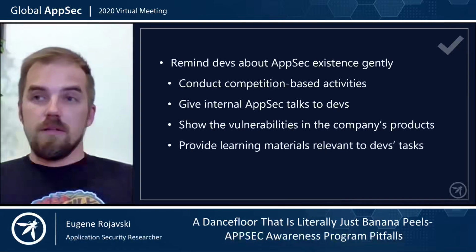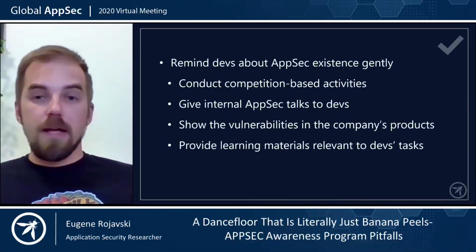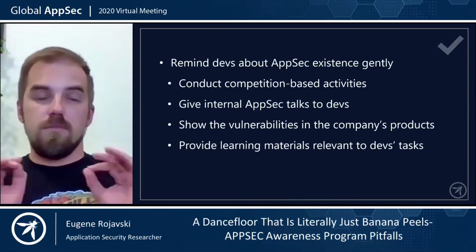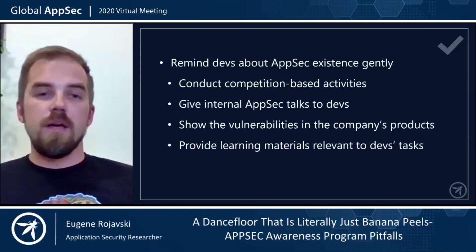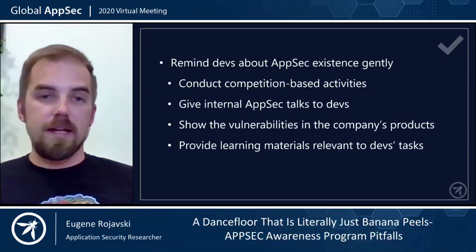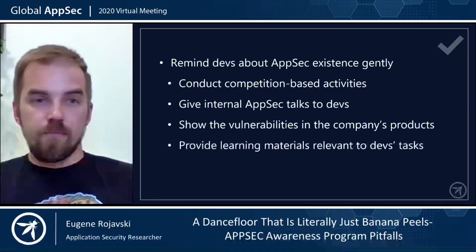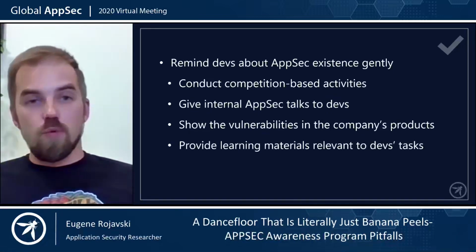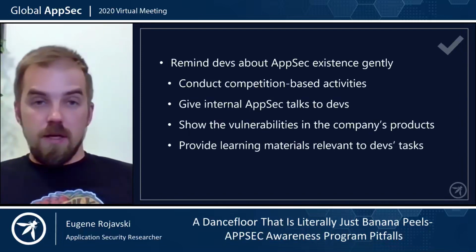Moreover, you can create an AppSec mailing that just points out the most interesting things that happened in the AppSec world that are related to things happening inside of the company. Next, you can show the vulnerabilities that you found in the company's products.